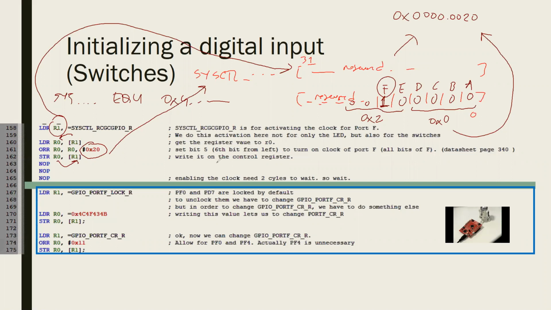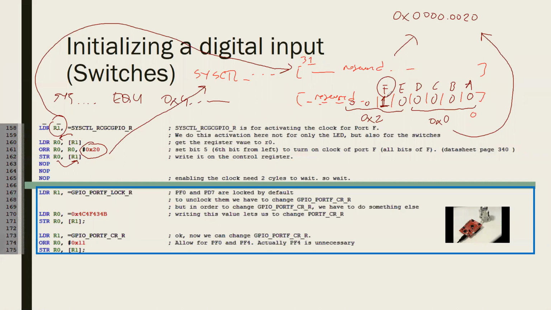And in the datasheet, it said wait for 2 cycles and do nothing so that the digital pad can get its breath and start working. Okay, this was the idea. This step does not change because we have initialized port F all at once.